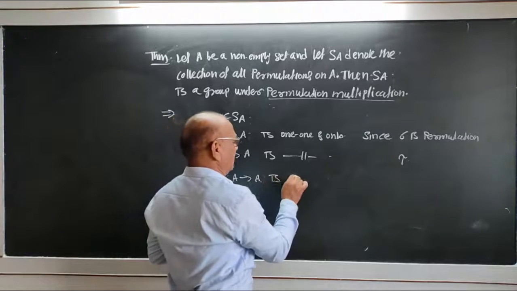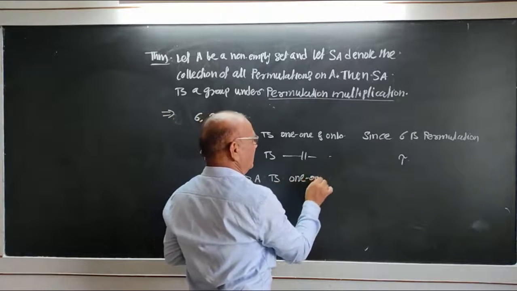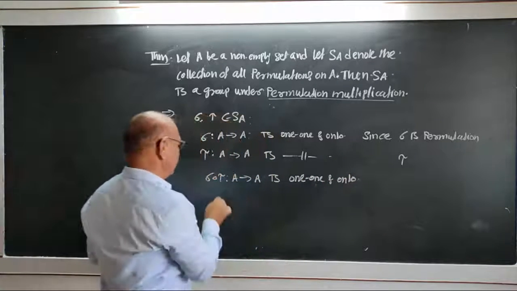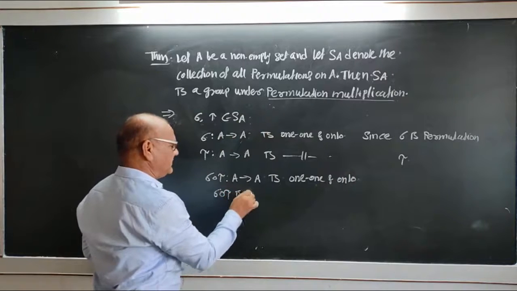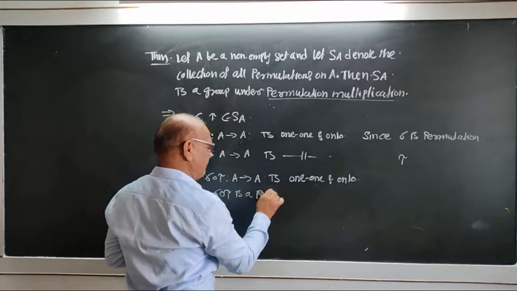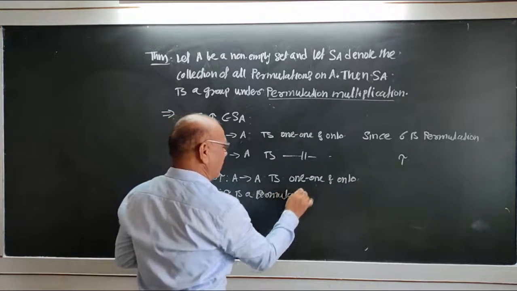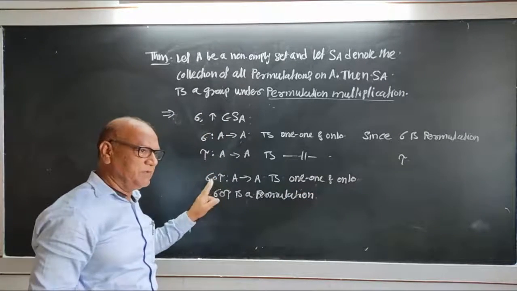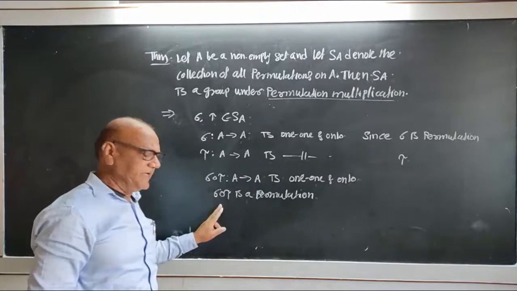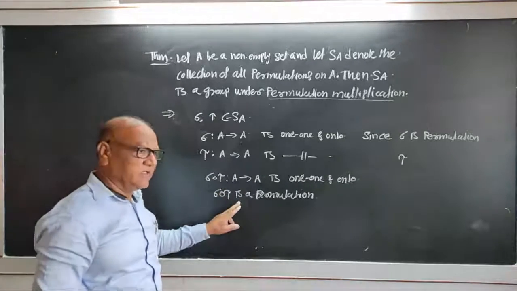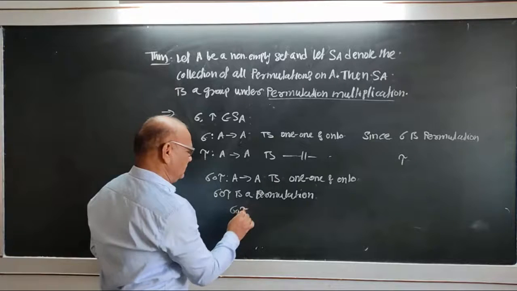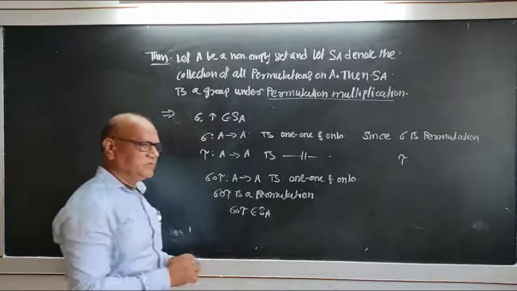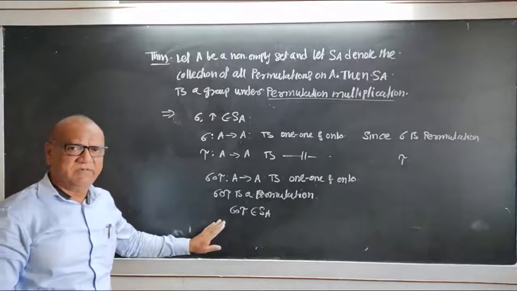So sigma tau is 1-1 and onto, and hence a permutation. Composition of permutations is again a permutation, and therefore this belongs to SA. That means the closure property is satisfied.